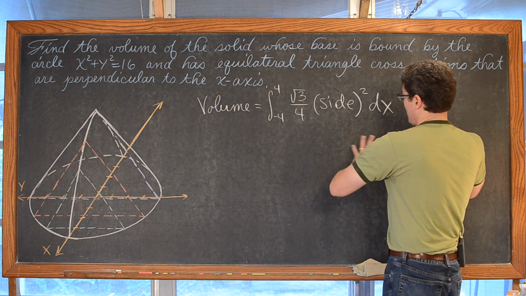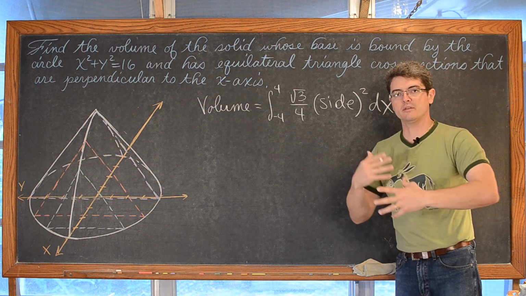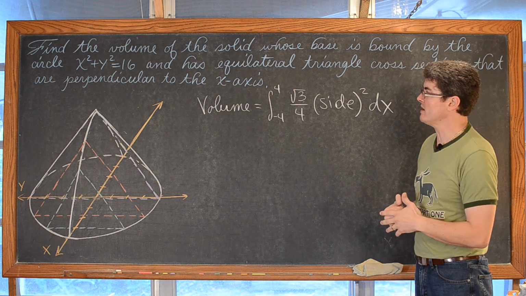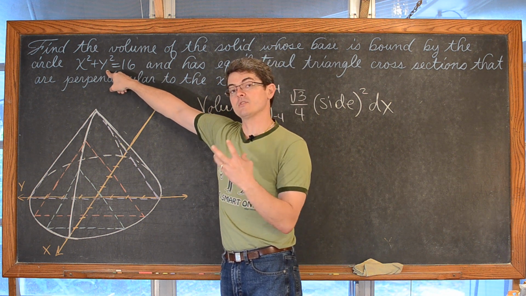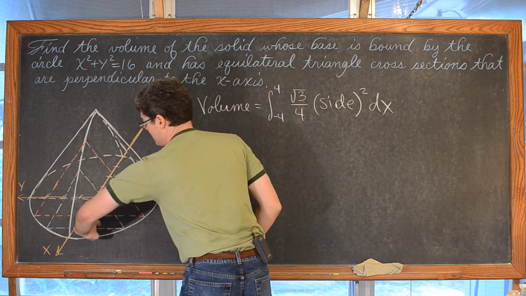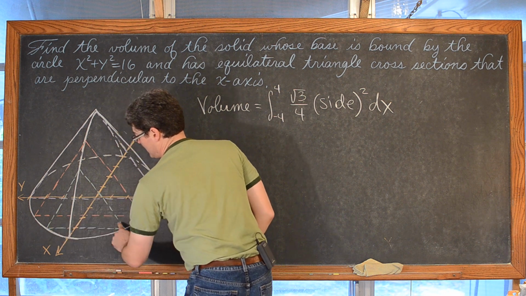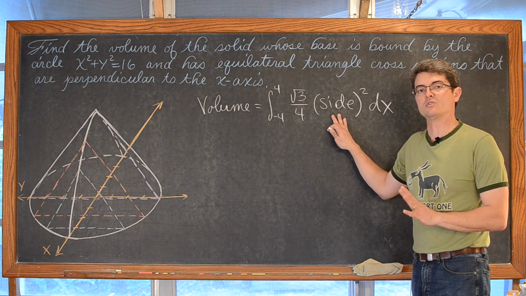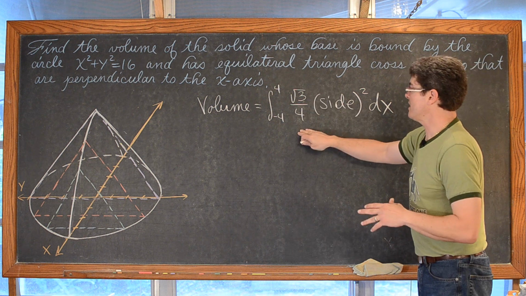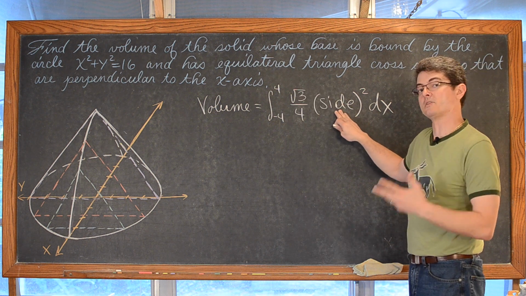While I showed you how to find the area of an equilateral triangle, I didn't take into consideration the equation of the circle, which defines the base and the length of the sides of these equilateral triangles. Let's put that back into a general term: square root of 3 over 4 times the length of the side squared.